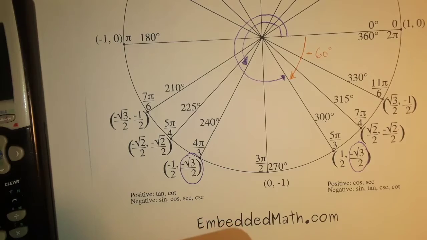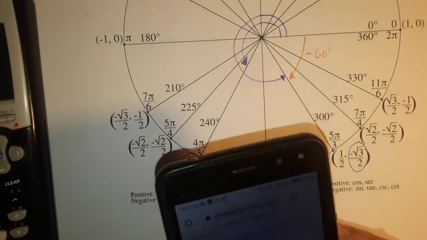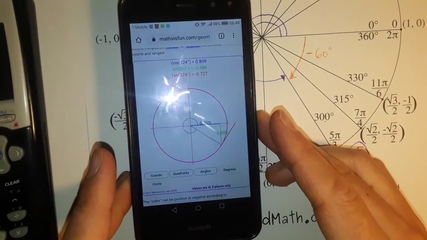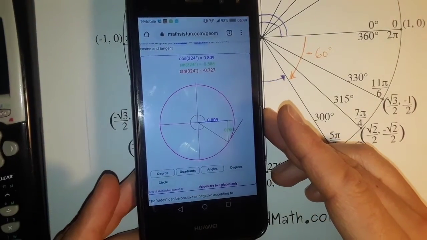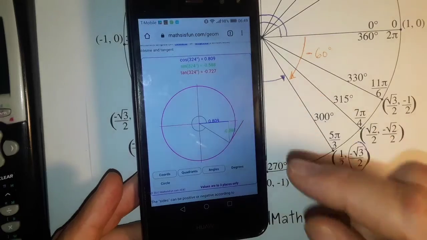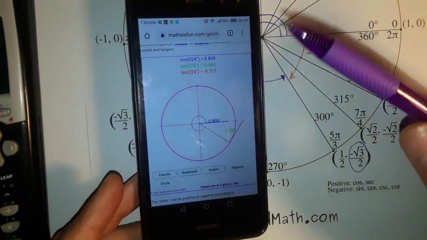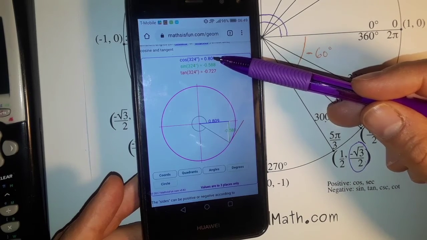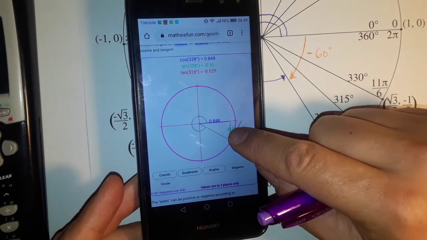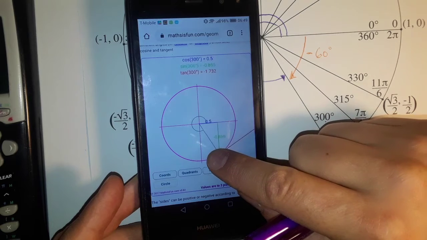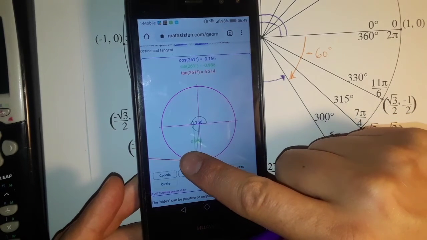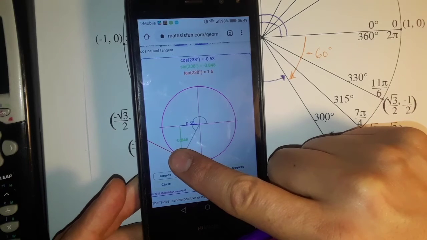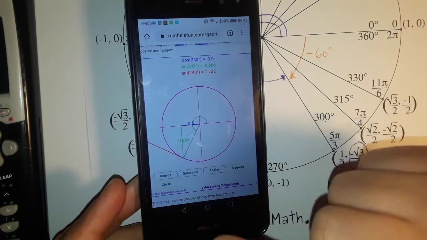I would also like you to see how this is represented on this website, Math is Fun. Remember that the sine is green, the cosine is blue. If I keep moving this and go to 240, which was one of the solutions, here we go.